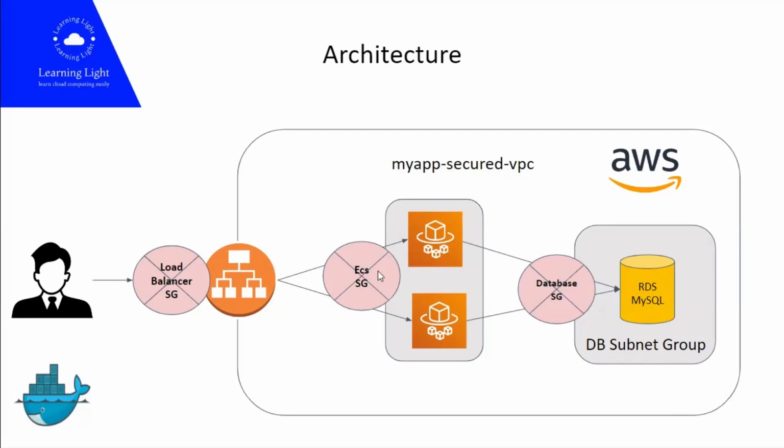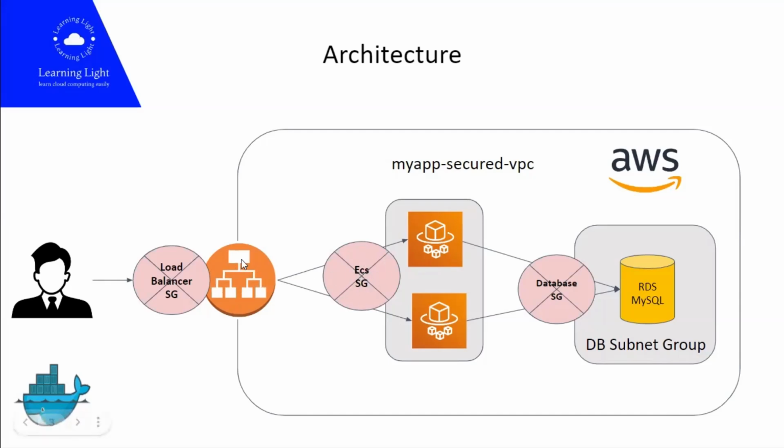This ECS security group, on the other hand, can only accept connections from the load balancer security group and only on port 5000, because our application will be running in containers on port 5000, and that port is accessible through this ECS security group.